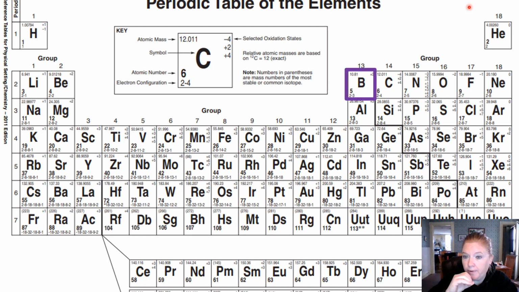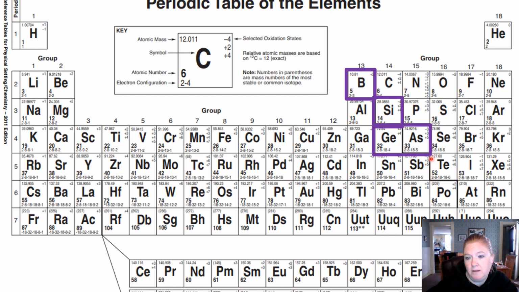First one, boron, touches the line, metalloid. Si, touches the line, metalloid. Aluminum technically touches the line, but I always try and remind students, aluminum you should know is a metal. We make foil out of it, right? Then we have 2 elements right here that touch the line, Ge and As, both metalloids.